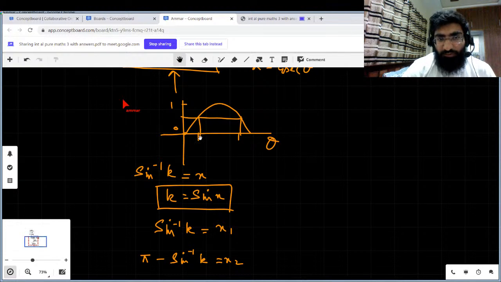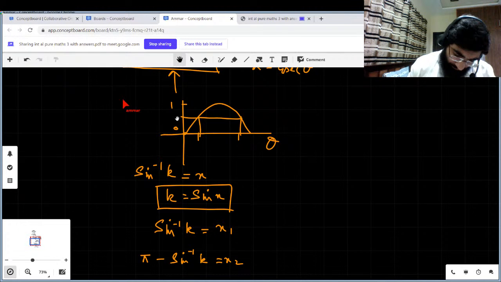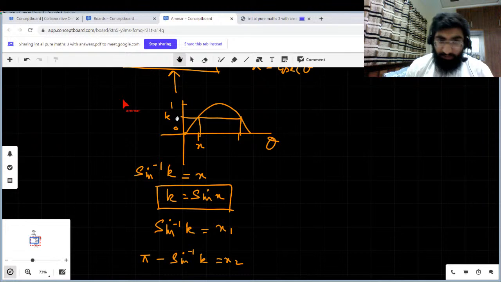So we have to find this value and this value. This is k over here on the y-axis, so sine x is equal to k, right? Then to find this value I have to do sine inverse of k.